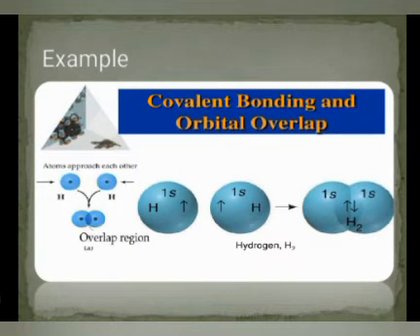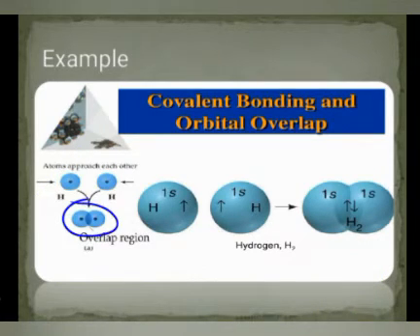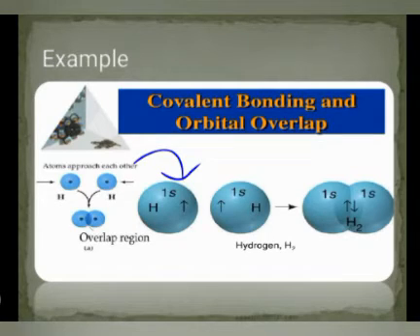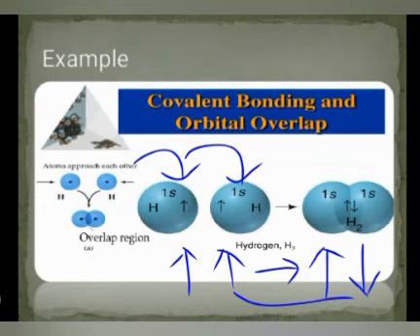Two atoms approach each other and come closer, as you know that H plus H becomes H2. Now how does H2 form? This is a single H, this is a single H. This is one H, one electron of H; this is the second H, one electron of H. When they come closer, the electrons of the two H atoms become anti-clock and clock, because opposite spins always attract each other.